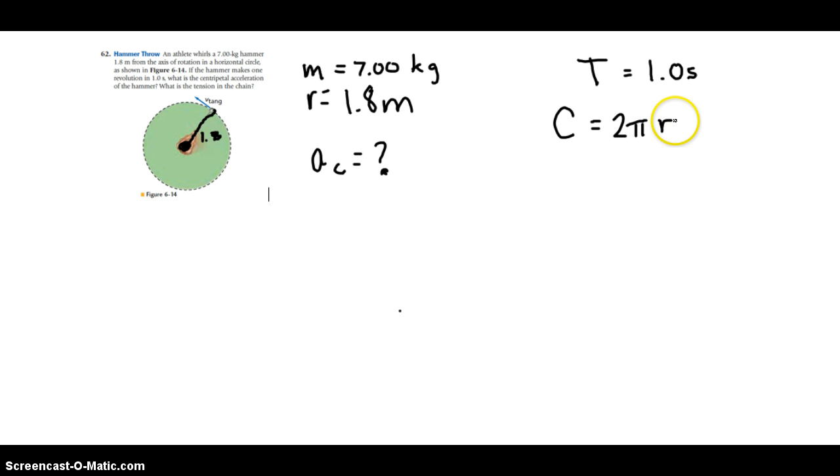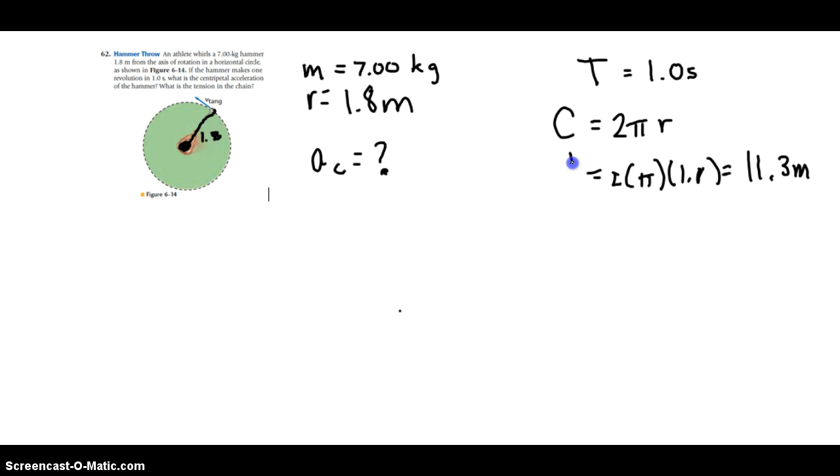So our circumference is going to be 2 times pi times our radius, which is 1.8, and that's going to give us a total distance of 11.3 meters.